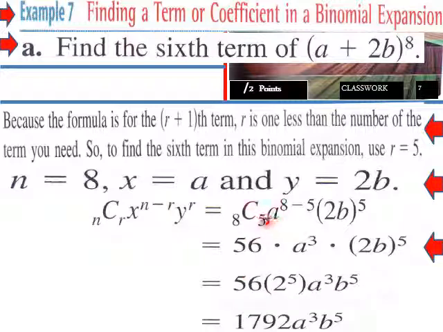And then when we simplify this, this comes to 56 times a cubed times 2b to the 5th. And then 56 times 2 to the 5th, a cubed b to the 5th, and then this comes out to 1792 a cubed b to the 5th. So you just plug in your terms and you crank out your sixth term of this expansion here.